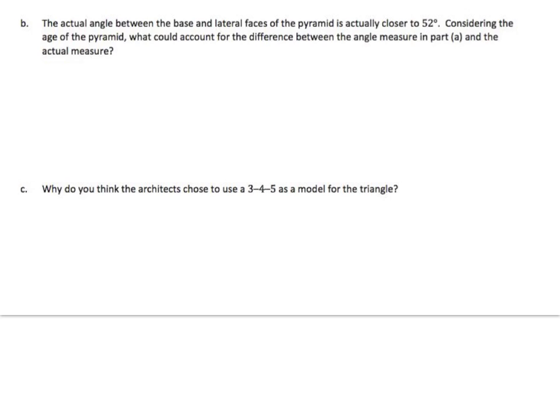Funny question. The actual angle between the base and lateral faces of the pyramid is closer to 52 degrees. Considering the age of the pyramid, what could account for the difference between the angle measures in part A and the actual measure? Well, the Great Pyramid, they estimate at 4,500 years old.